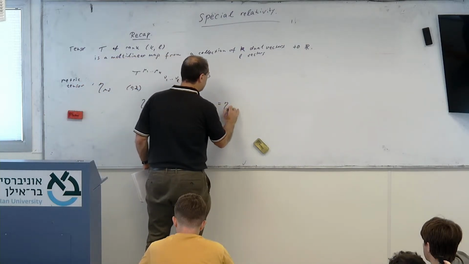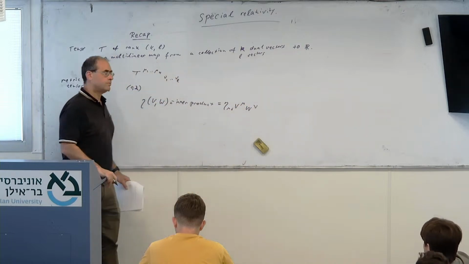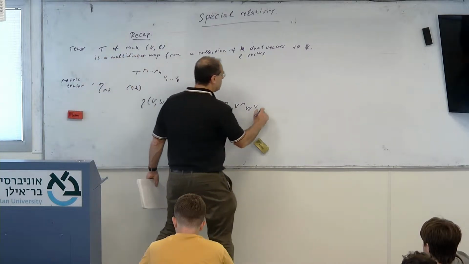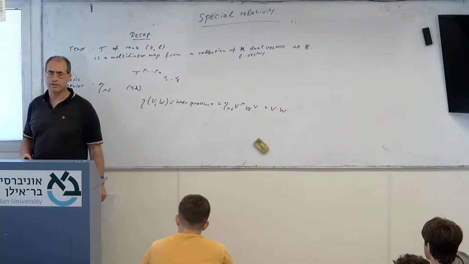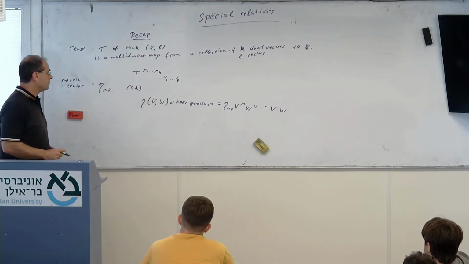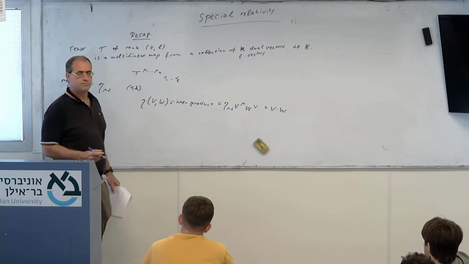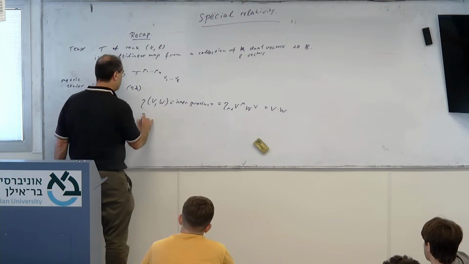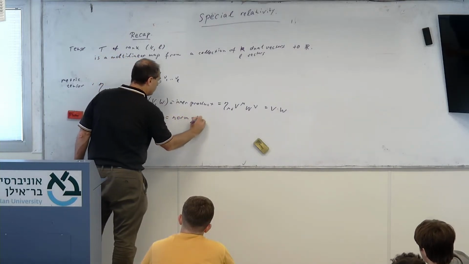This is eta mu nu v mu w nu, or we simply call it v dot w. We know how it looks. And the inner product of a vector with itself is the norm of v.